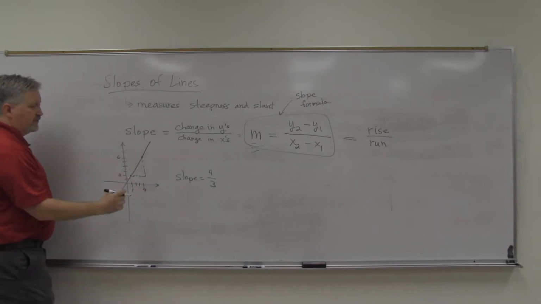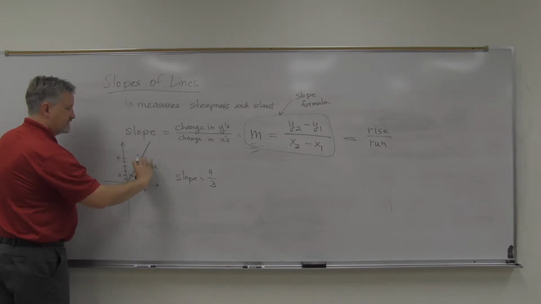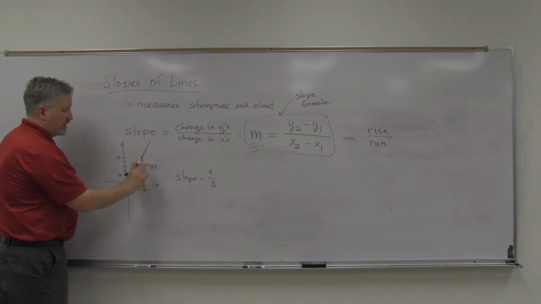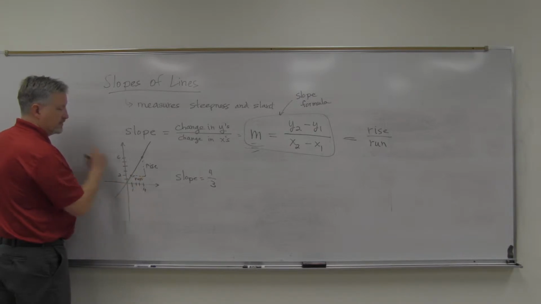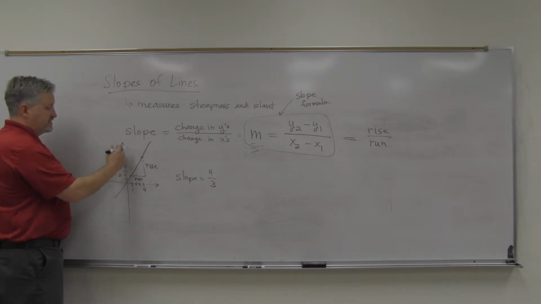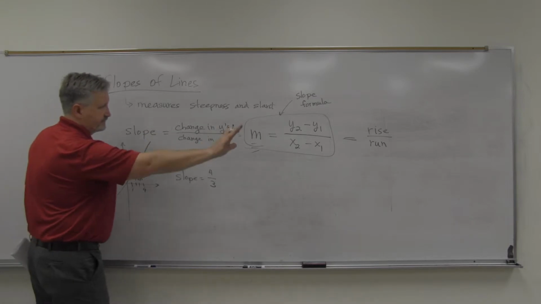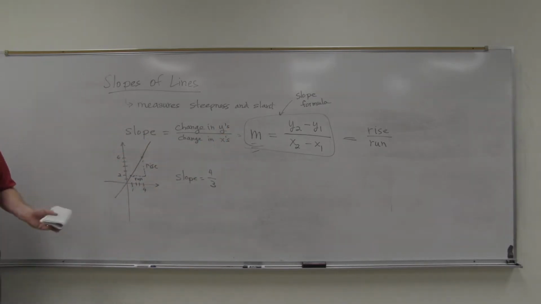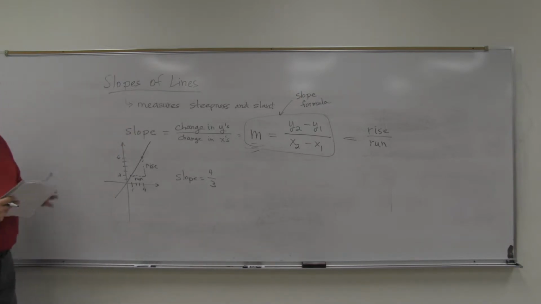When I refer to the rise, that's this right here. The rise is how much it goes up, and the run is how much it goes sideways, right and left. The rise deals with the y's, and the run deals with the x's. So that's another way to refer to it, and that can be helpful in certain instances too that we'll speak about in just a second. Okay.